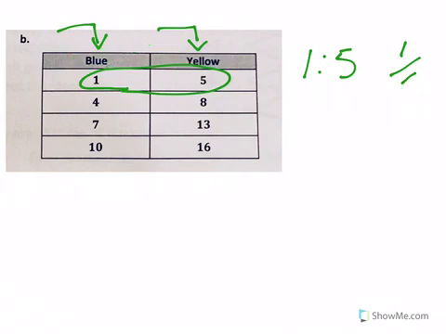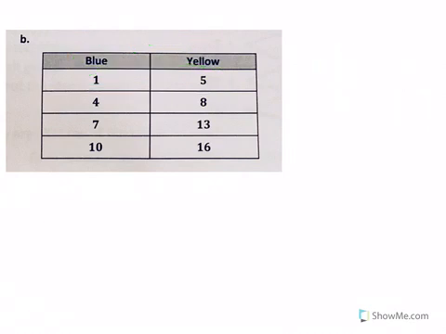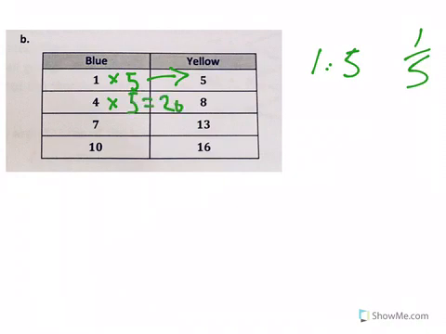Now, if we're going to go with that as our starting point, the 1 to 5 ratio, or 1/5 value, we know that 1 times 5 is going to get us 5. So hopefully we can go through quickly and see where we have errors, right? 4 times 5. Oh, that equals 20.